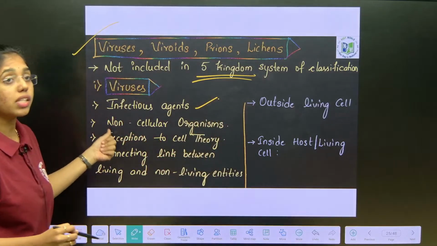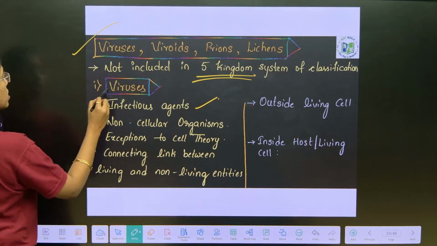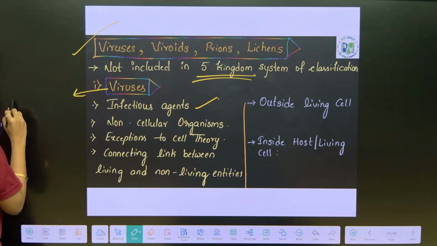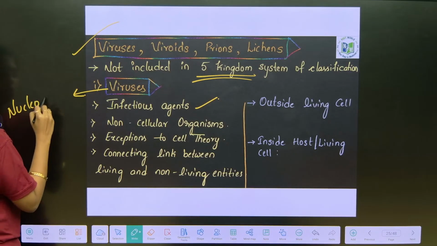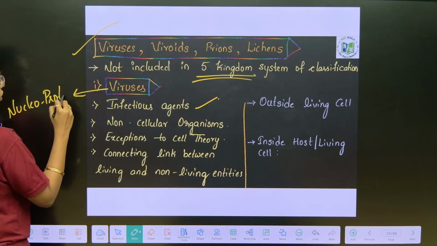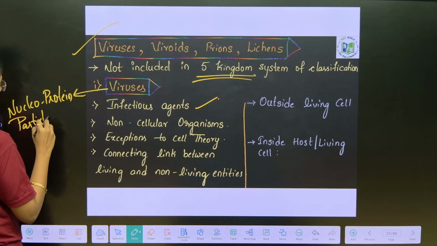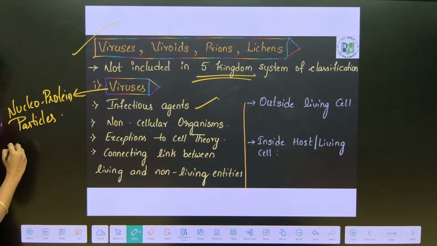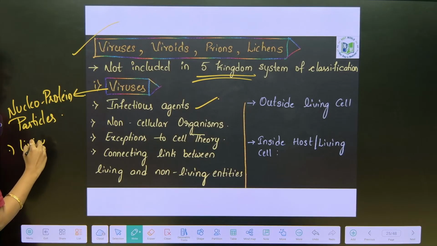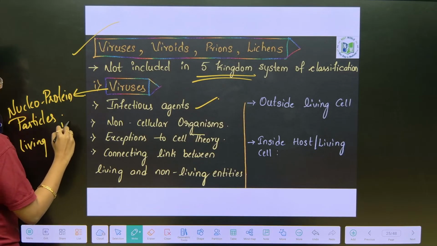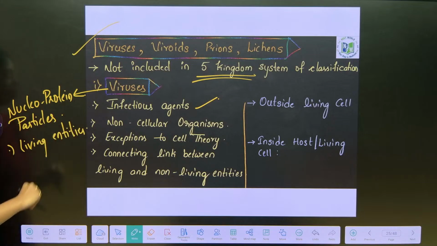These are non-cellular organisms. Viruses are also described as nucleoprotein particles, or as just living entities, because they do not have a proper cell.